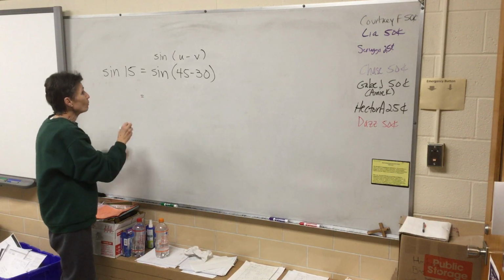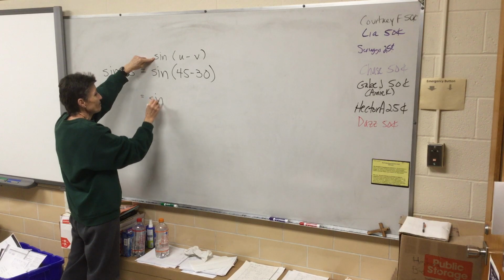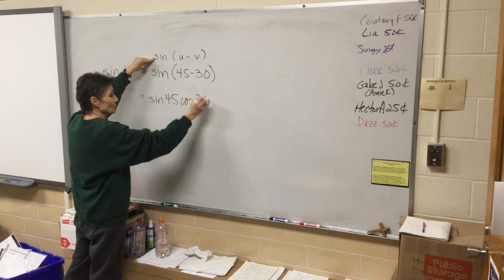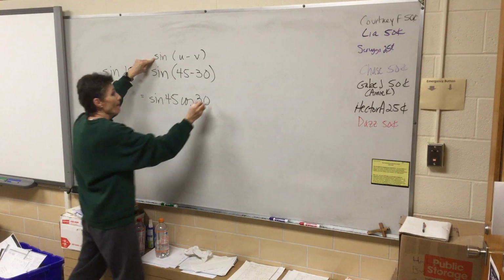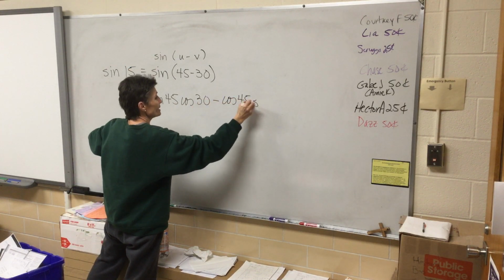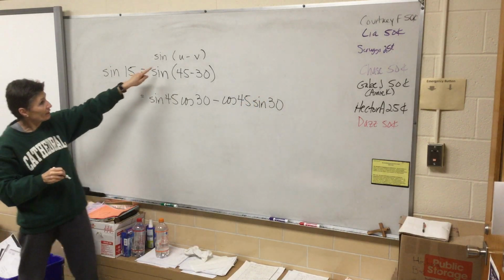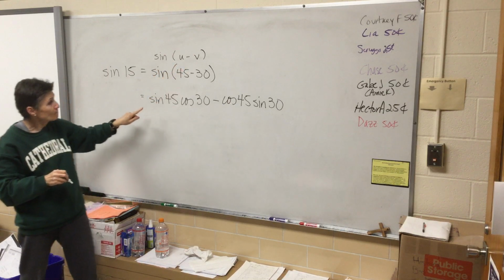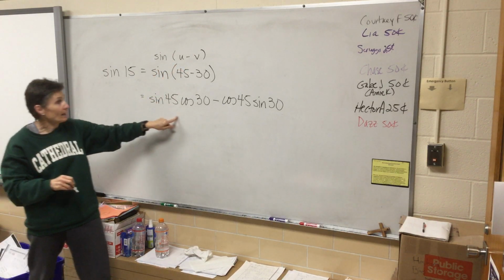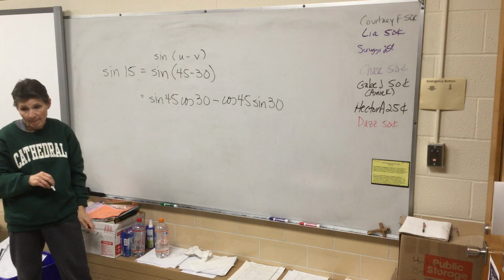So according to the formula, we take the sine of 45 times the cosine of 30 minus the cosine of 45 times the sine of 30. Now, look at that formula for the sine of u minus v and see if that makes sense to you, what I did there. I let my U be 45 and my V be 30.